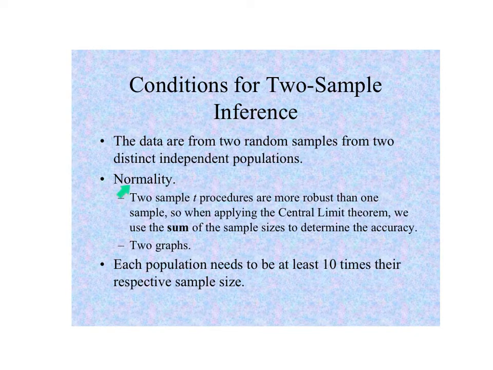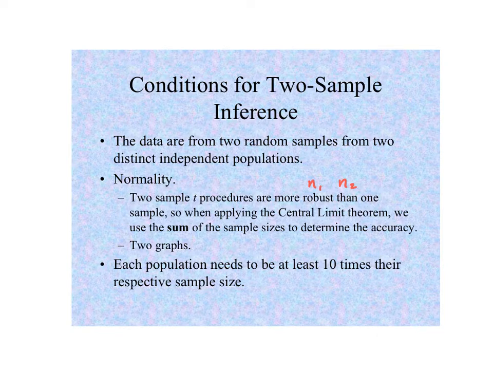Okay. Number 2, what are we checking for? Normality. Okay. So you can apply the central limit theorem, but this time we're going to apply the central limit theorem to the sum of the samples. So if we took 2 samples, sample 1 and sample 2, and remember, for the diets we sampled 100 people for each diet.